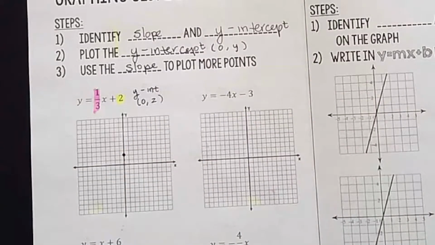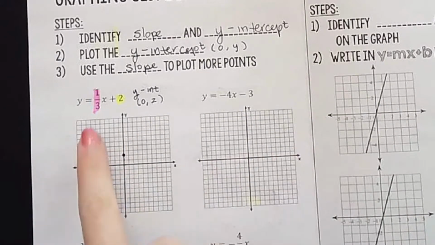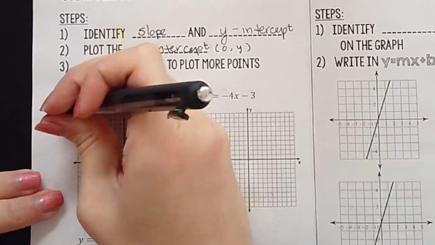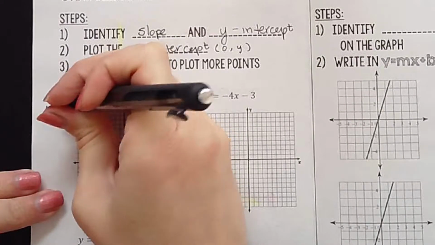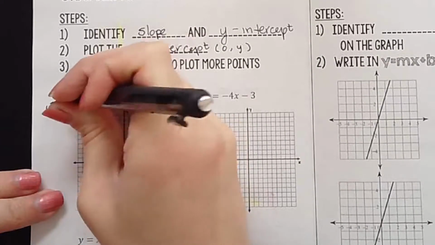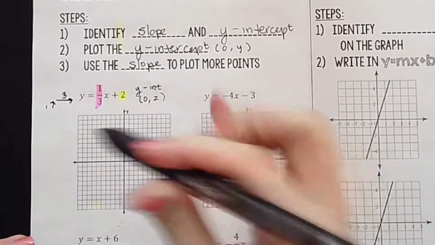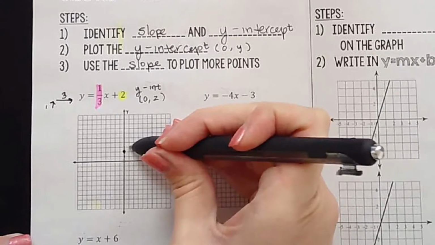So this point right here. My slope is 1/3. So this is my rise and my run. So that means for this problem, I'm going up 1 and to the right 3. So starting from my y-intercept, I'll rise 1 and run 3.